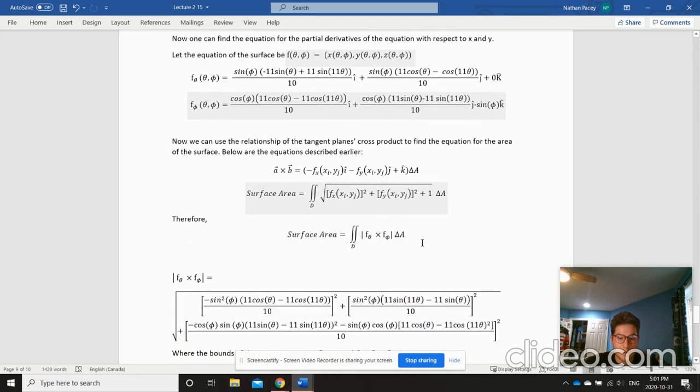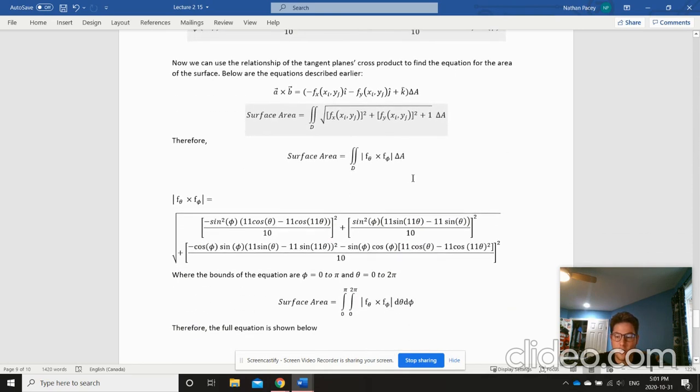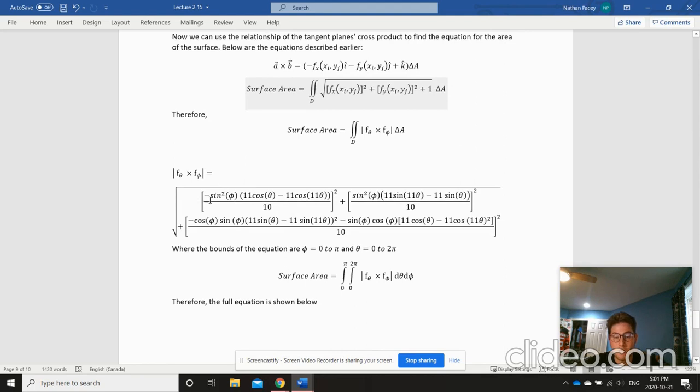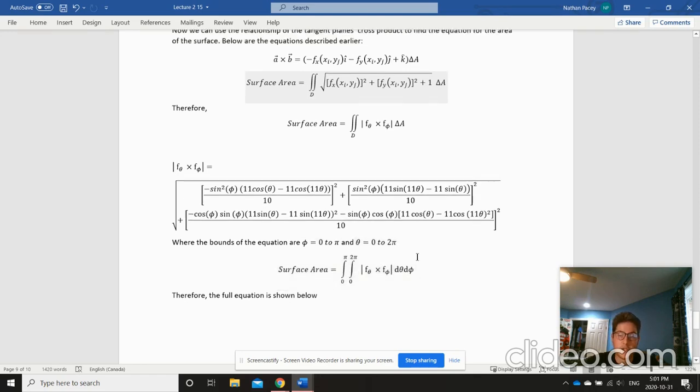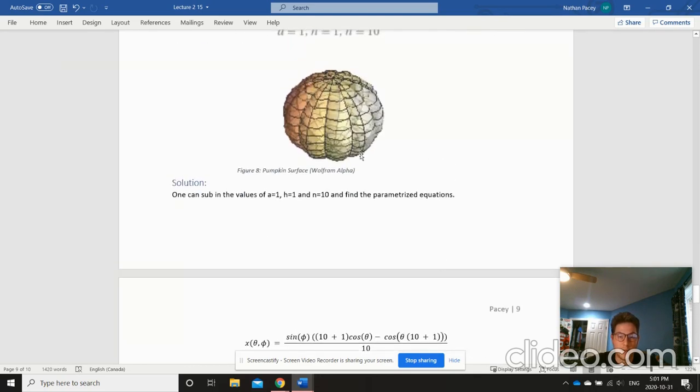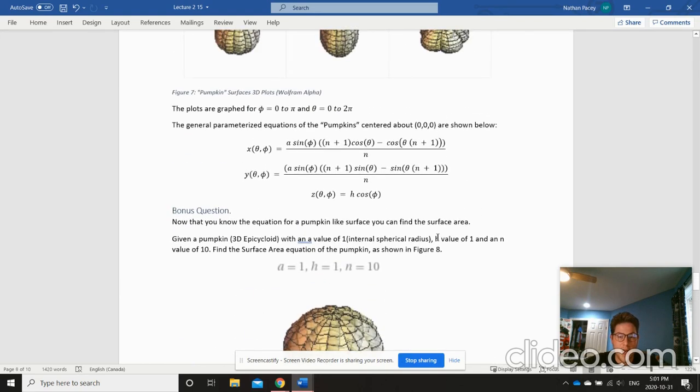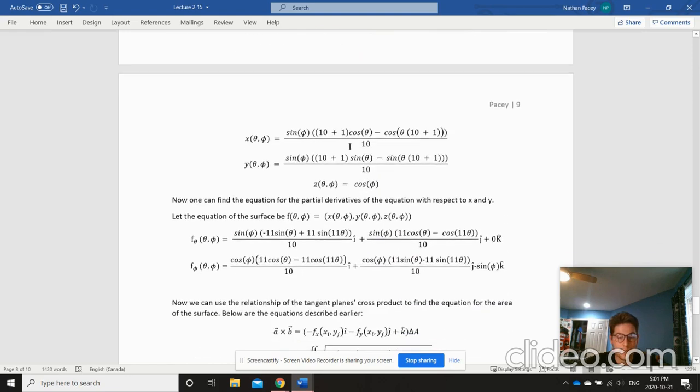So we do that. Unfortunately, these are not fun because they're large equations, so we get a rather large expression for the magnitude of our cross product. And then we can input that with the bounds from 0 to 2 pi and 0 to pi. That is just because of the epicycloid. It was defined to have bounds of 0 to pi and 0 to 2 pi.